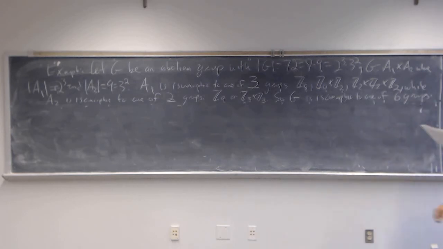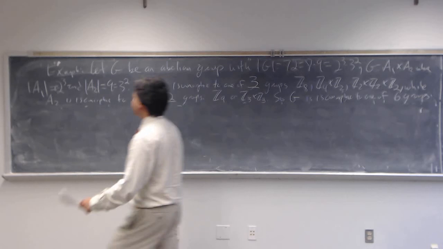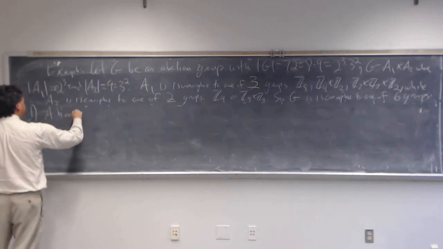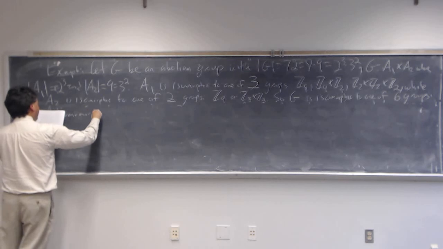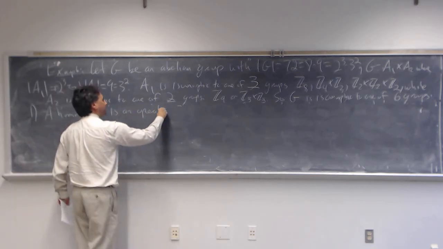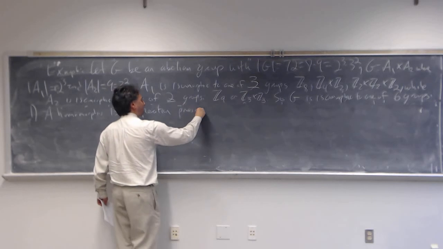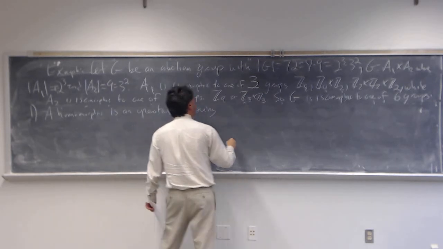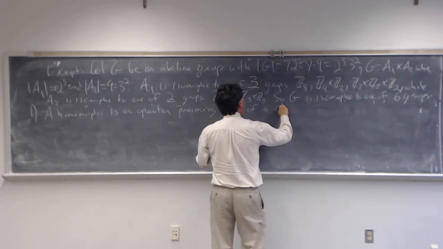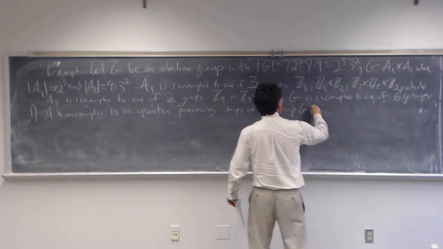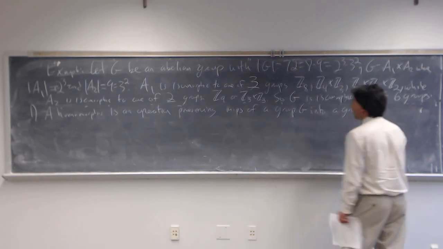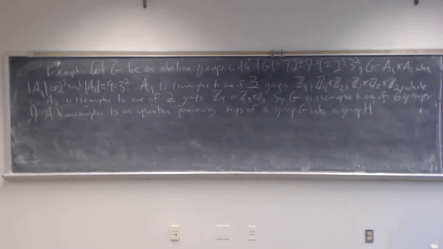Okay, so let's get some definitions or restate some facts. A homomorphism is what I call an operation preserving map of a group G into a group H. By operation preserving, that's just the definition.